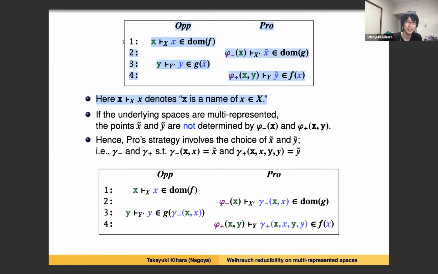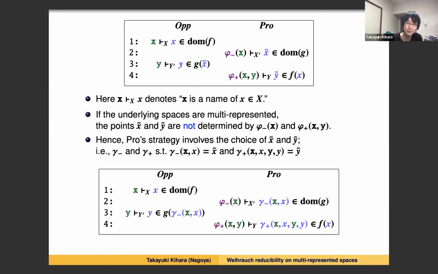So this is the game from the previous slide. The problem is that x tilde is not determined from phi minus x. And the answer y by the opponent to the query depends on the solution of G(x tilde).